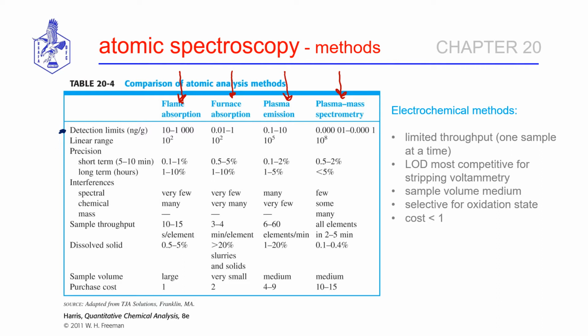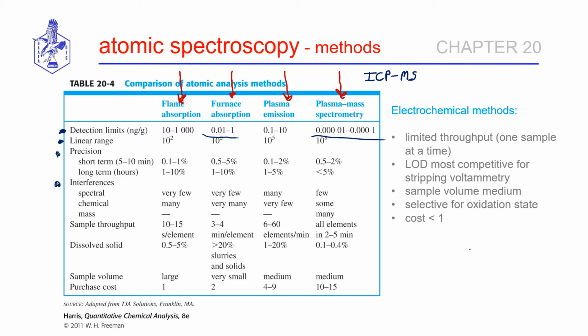The plasma methods in which we interface with a mass spectrometer, and just FYI, we call this ICP, inductively coupled plasma mass spectrometry, are going to give us the best detection limits, although some of our furnace methods can rival as well. The linear range, here's the comparison. Precision, all pretty good. There's really not one that's hugely advantageous there.